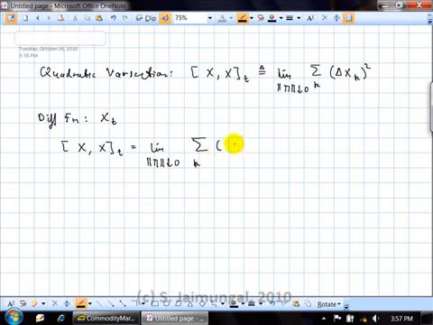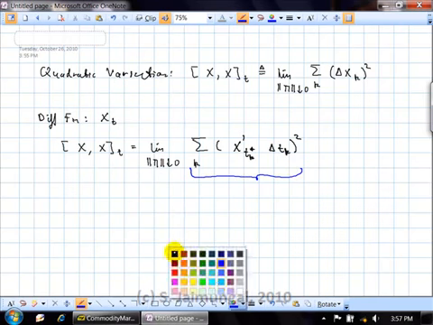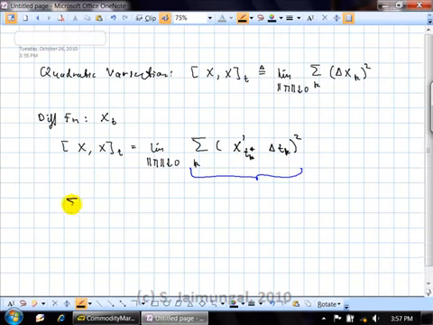So this is simply x prime at tk star times delta tk, and this whole thing squared. That's what we had before for differentiable functions via the mean value theorem. And now, here's a trick that's going to keep recurring. Let's take that sum, and let's call that sum S.